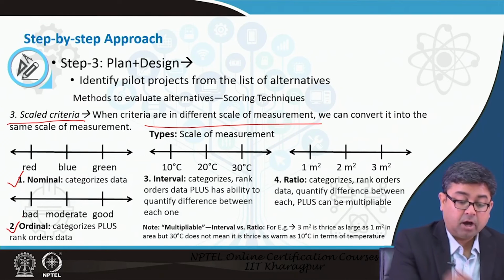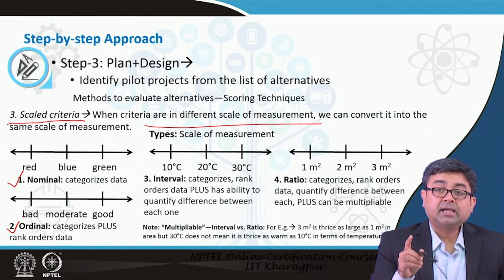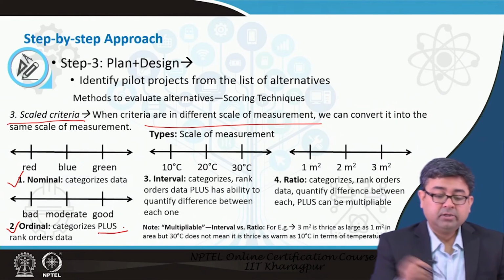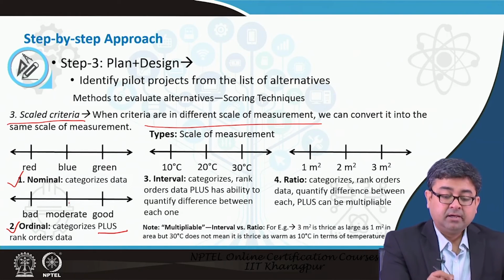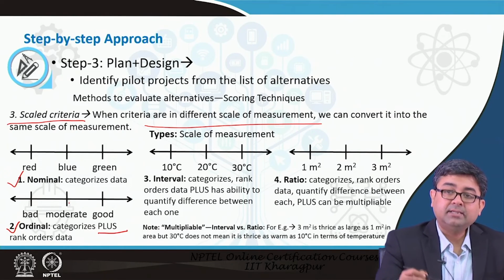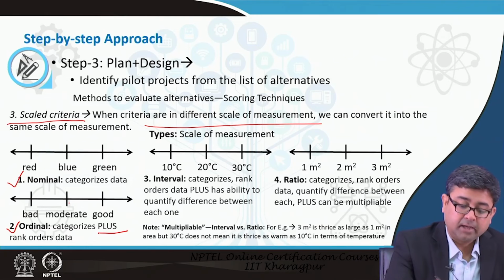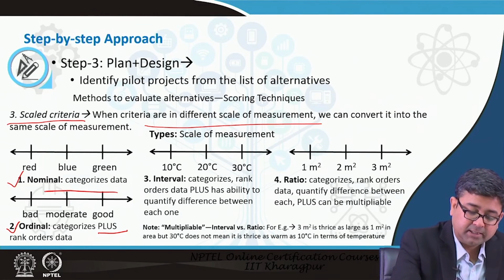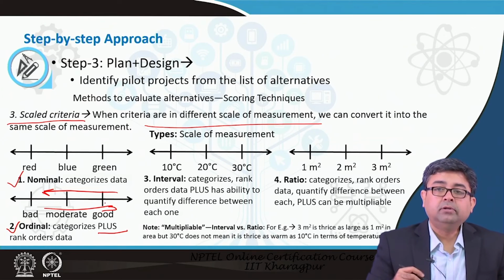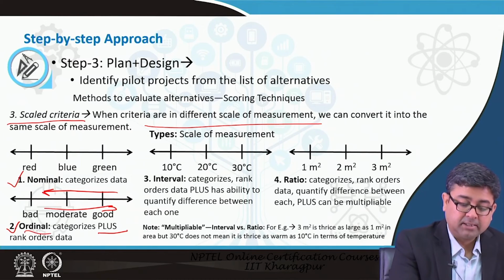The second one is an ordinal scale. The ordinal scale categorizes plus ranks in order. So, when you say a scale which is good, moderate, bad, it is not only categorizing but also in order, an increasing order from bad to good. So, that is an ordinal scale.